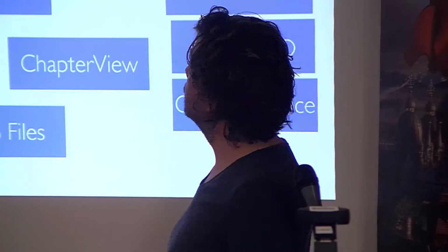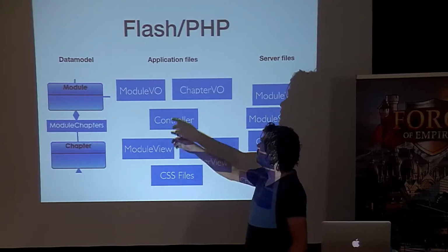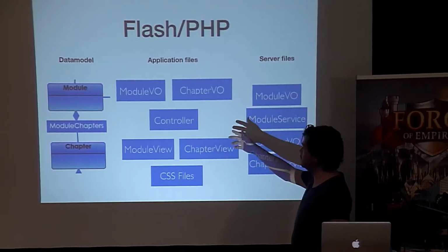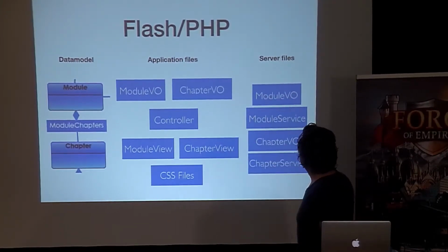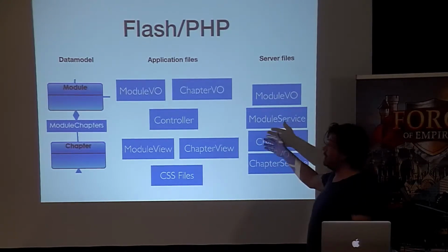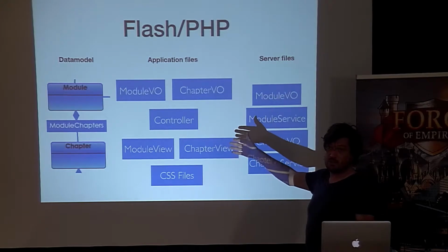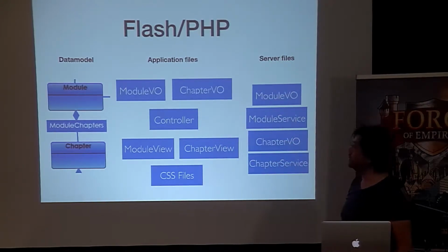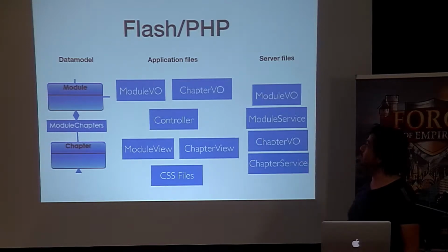So we have the data model, and we started generating, and we come up with some value object, module, value object, chapter, controller, a few files. And a lot of also server files, usually mimicking exactly the things that were runtime also on the client. It was kind of an overhead, but this was the way it worked.